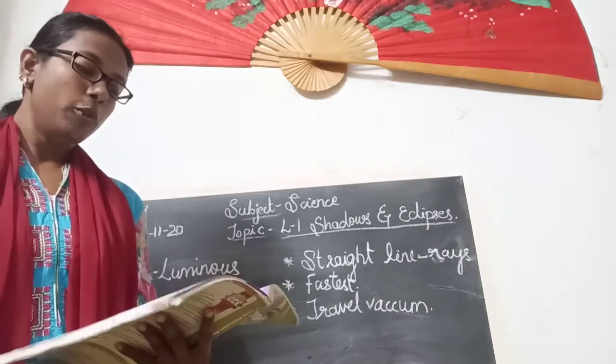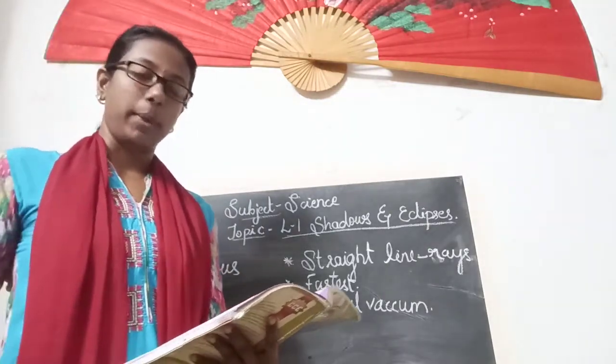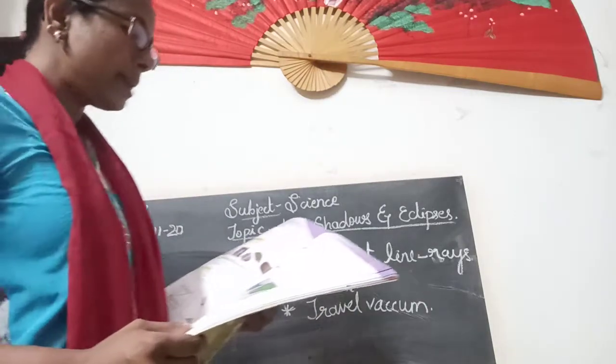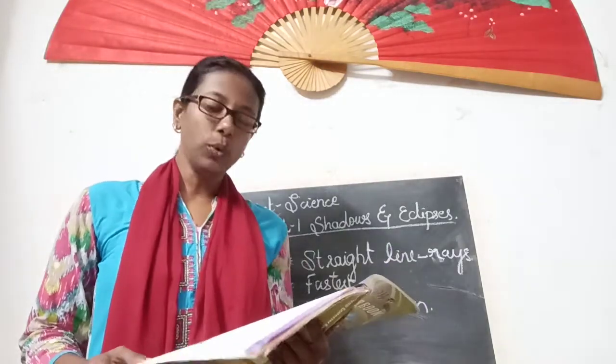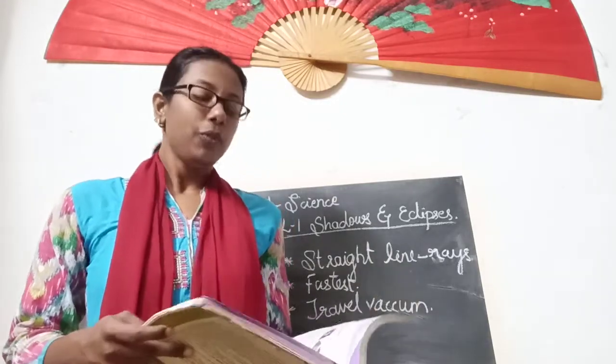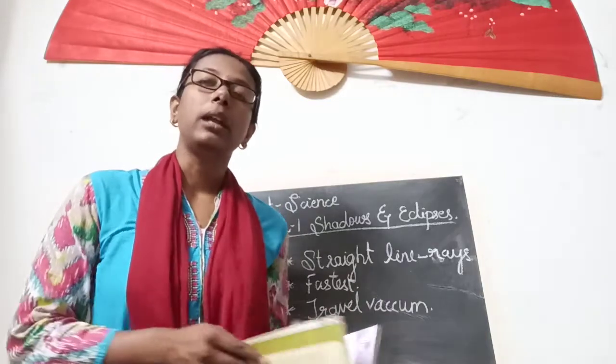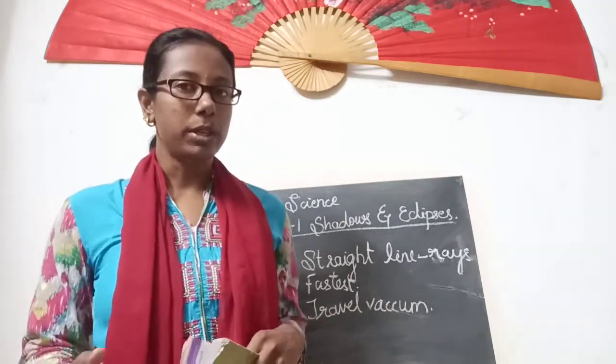Now, moving on to the next topic, that is passage of light through objects. Now, previously what did we learn? Yes, that there are luminous and non-luminous objects.